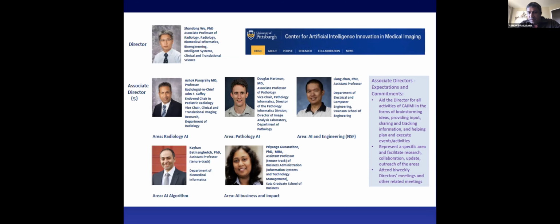There are a lot of opportunities for collaborations across multiple schools, particularly for people interested in applying machine learning to medical imaging. I'll just stop there. I know I went through a lot really fast and kept it pretty broad.